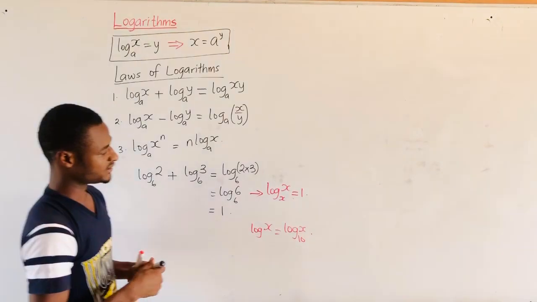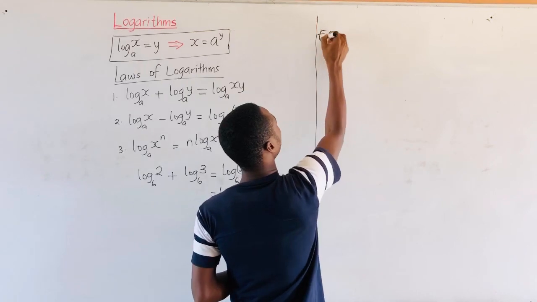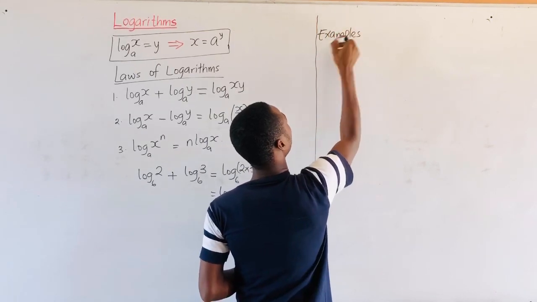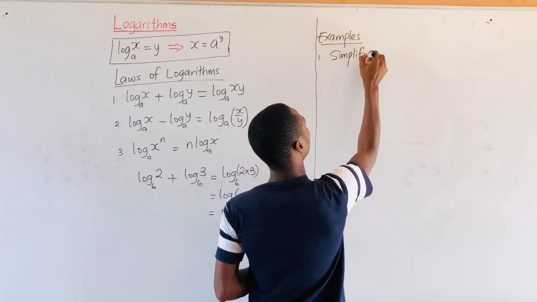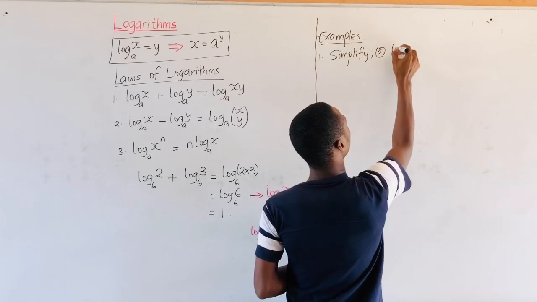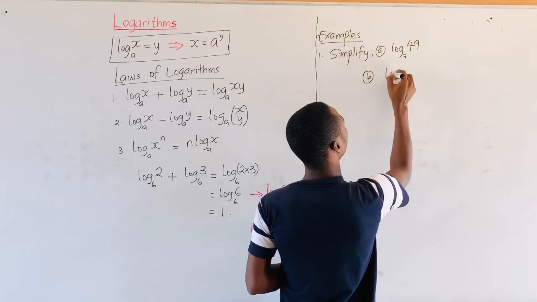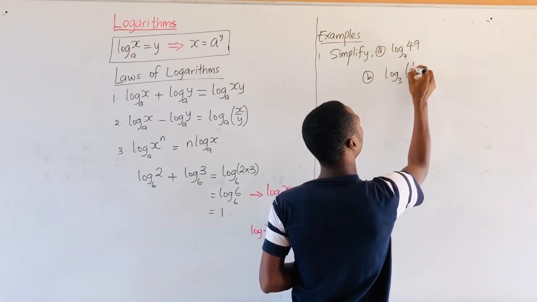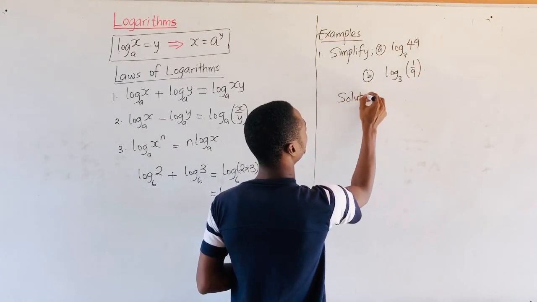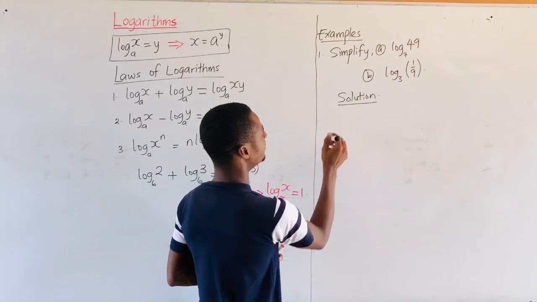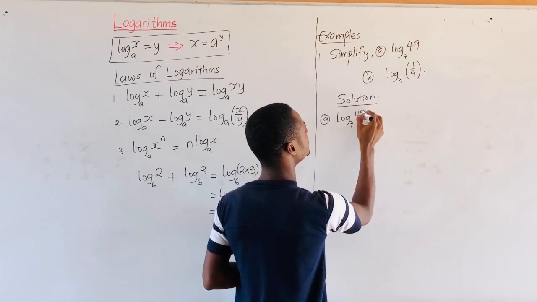Let's take some other examples. So the first one, we have log to the base 7 of 49.